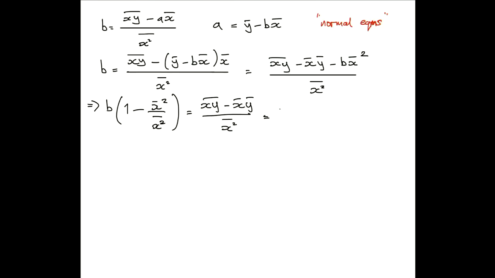And then to get b by itself on the left-hand side, we now have xy bar, no, got to be careful here. Yep, this is it, minus x bar squared.